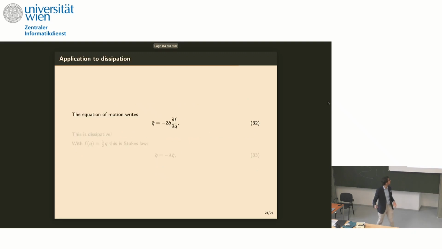And if you rewrite it directly as an equation of motion for the position, you get something looking like that, which is not at all the usual equations of motion you expect for a physical system, but actually that's still something very interesting, because you see that now your acceleration is proportional to minus something times the velocity. So it's just the usual way to write some dissipation. So you see from this first naive try that by including some singularities, you can introduce some dissipation.